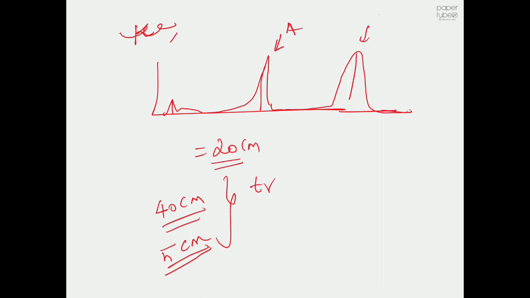Say this is A, this is B, this is your tracer molecule. You have to tell me what's the TR, TM, TS in both of these columns, 40 centimeter and 5 centimeter. So you have to calculate it. If you want, I will draw some diagram, it's not a big deal.